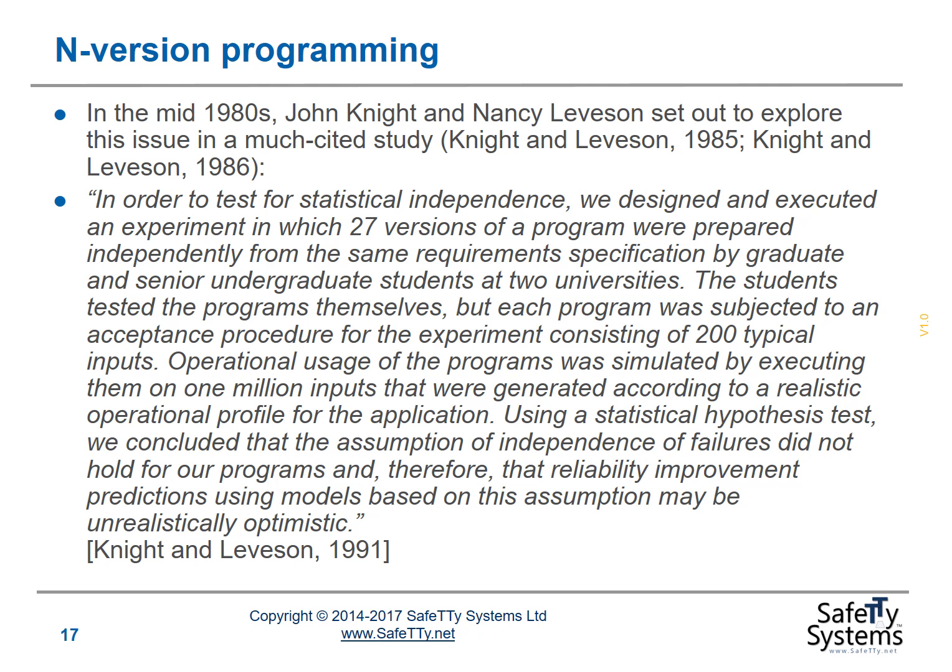They designed and executed an experiment in which 27 versions of a program were prepared independently from the same requirement specification by graduate and senior undergraduate students at 2 universities. The students tested the program themselves, and then each program was subjected to an acceptance procedure for the experiment consisting of 200 typical inputs.